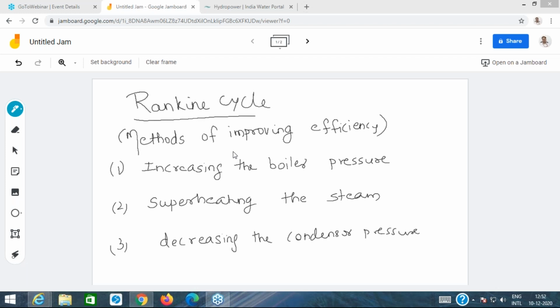Temperature less than saturation? No, that is not the case, Pranav. Mean temperature of heat addition is the equivalent temperature.